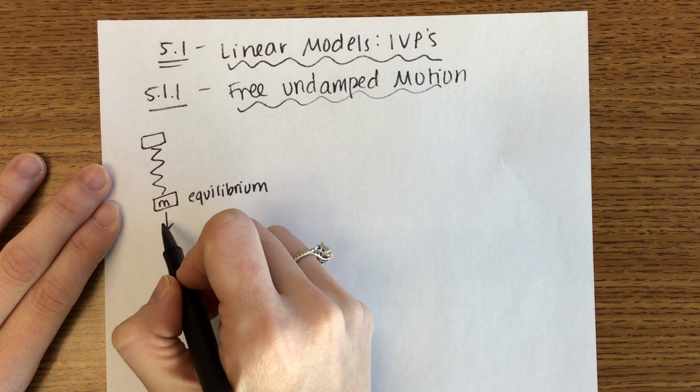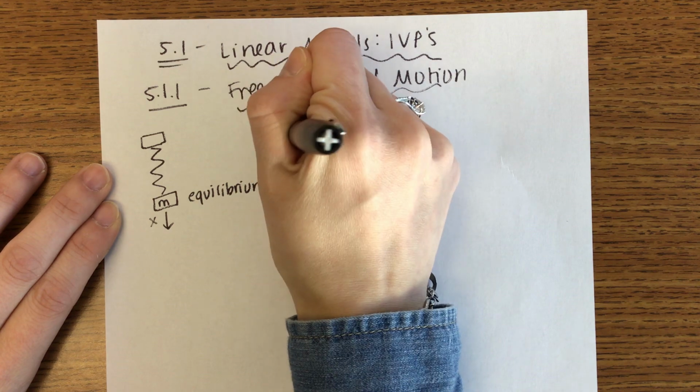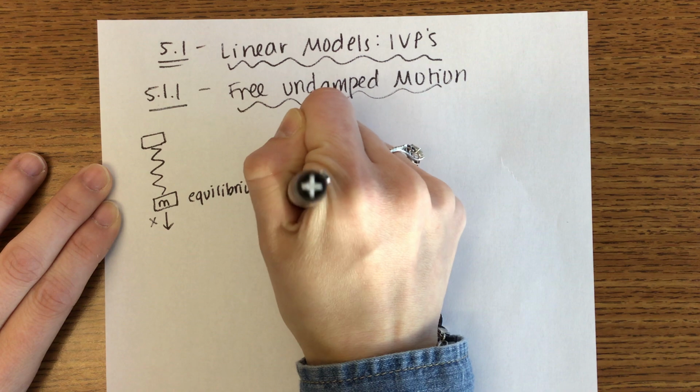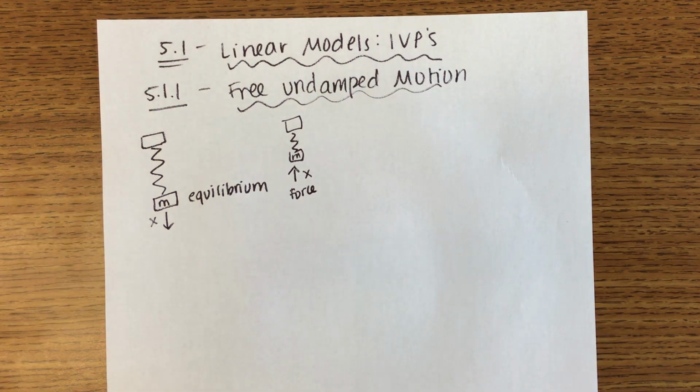The amount that you move the mass away from equilibrium is going to be x. So then what we could also do is we could push the mass up with a force. Again, this is x, the amount that it goes away from equilibrium.